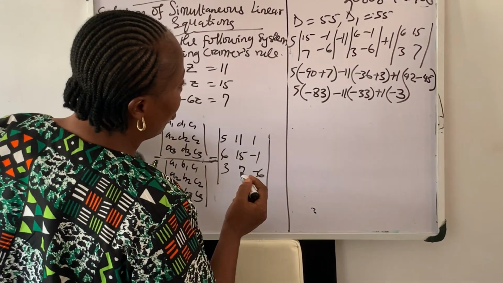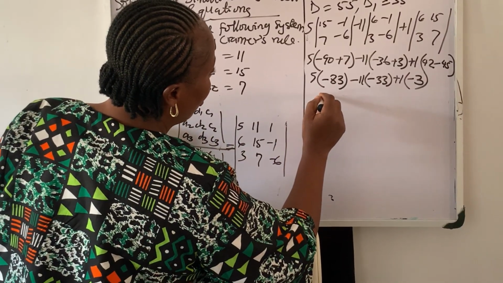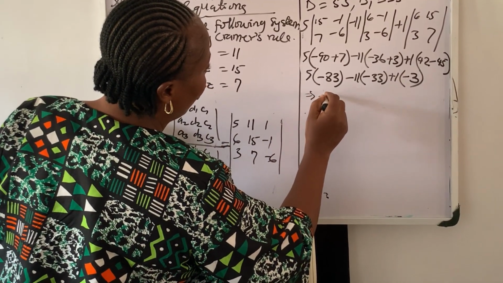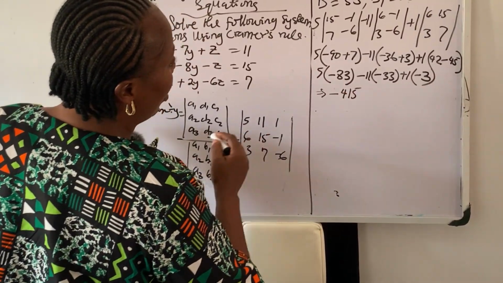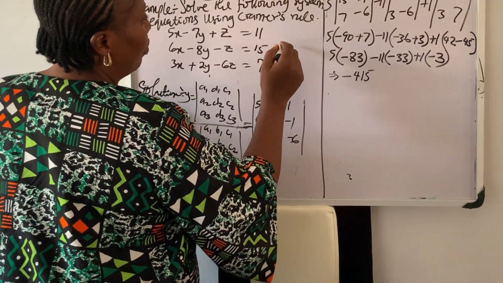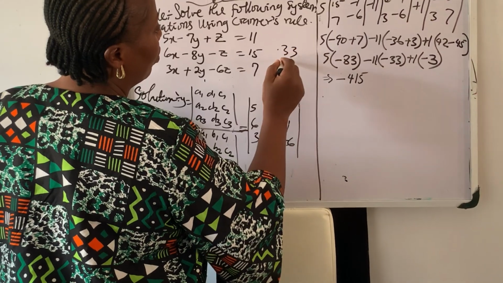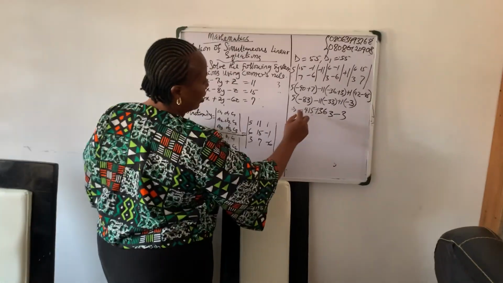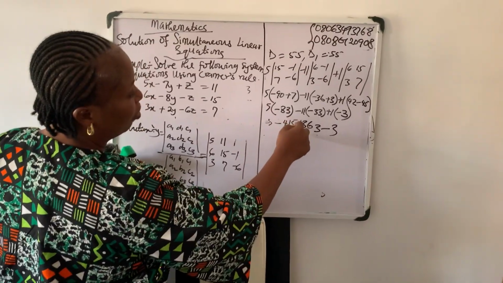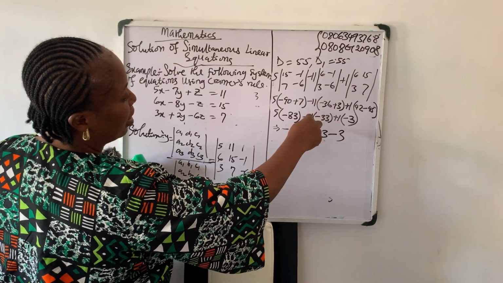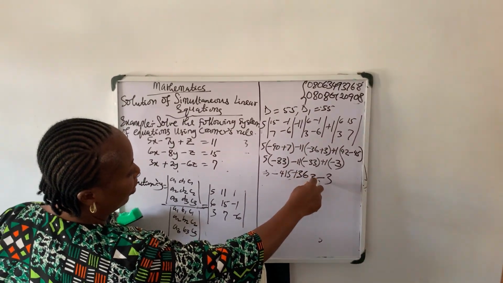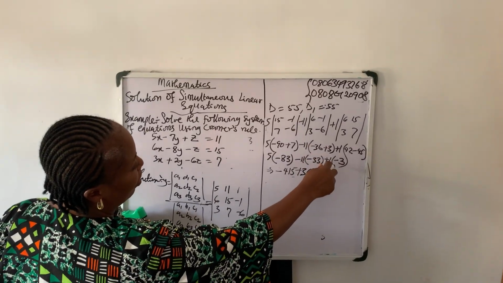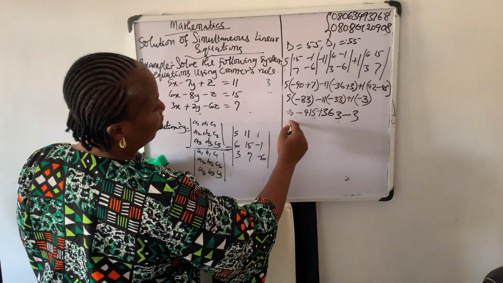Now, -5 times -83 will give us -415. 11 times -33 will give us +363. 1 times -3 will give us -3.